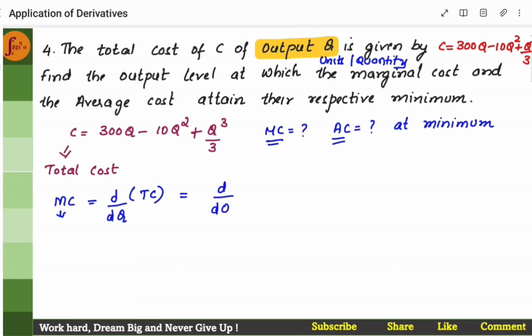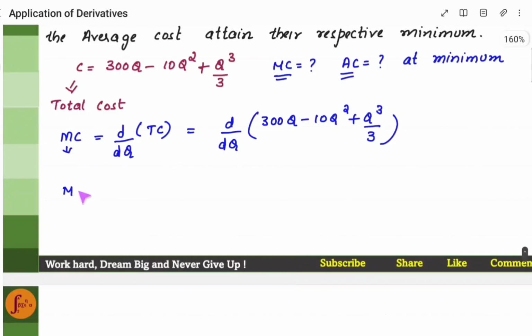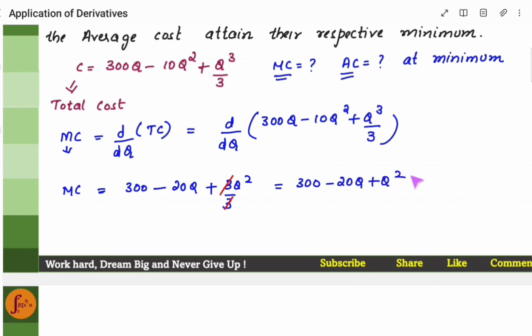So derivative of total cost, which is 300q minus 10q square plus q to the power 3 by 3. Let's differentiate this. So derivative of 300q is 300 minus 20q plus 3q square by 3. 3 and 3 will get cancelled. So we'll be left with 300 minus 20q plus q square.